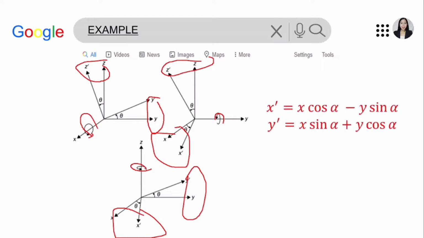So x prime is equal to x cos alpha minus y sin alpha, and y prime is equal to x sin alpha plus y cos alpha.